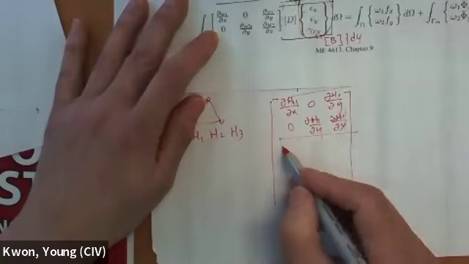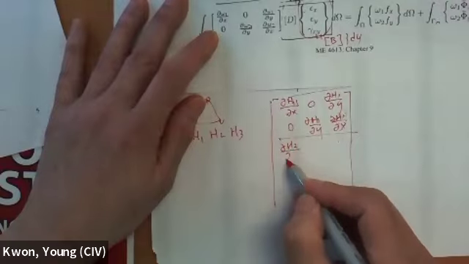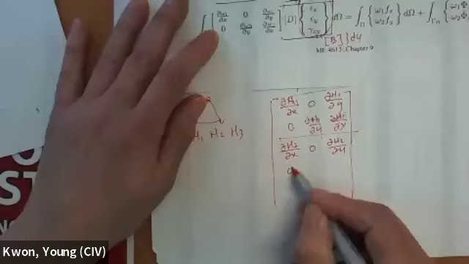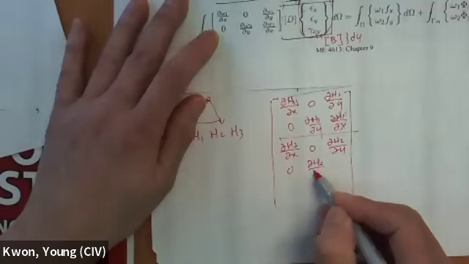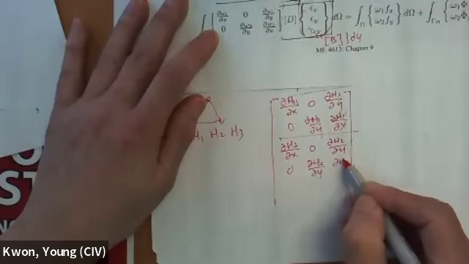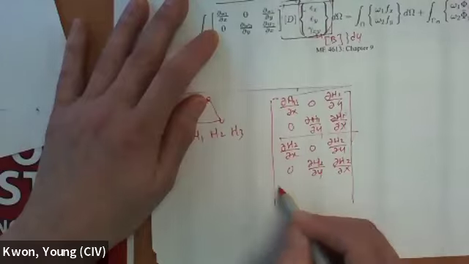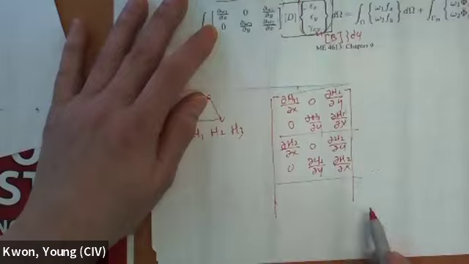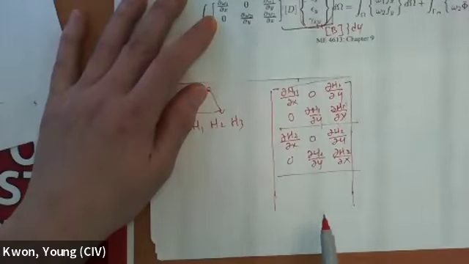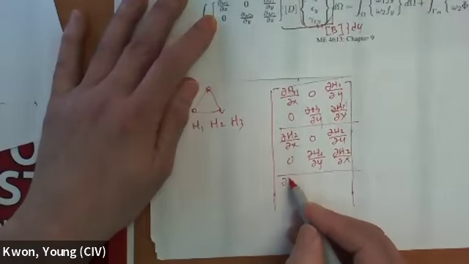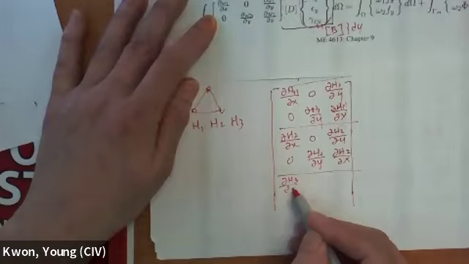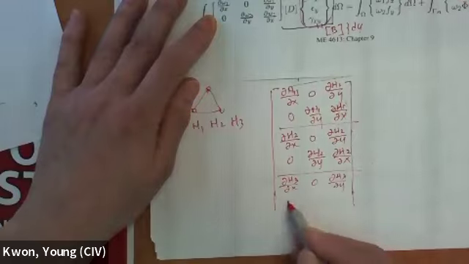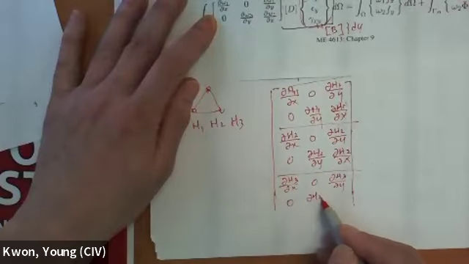And next one, now I pick H2 for both W1 and W2. And finally, I use H3 for W1 and W2.